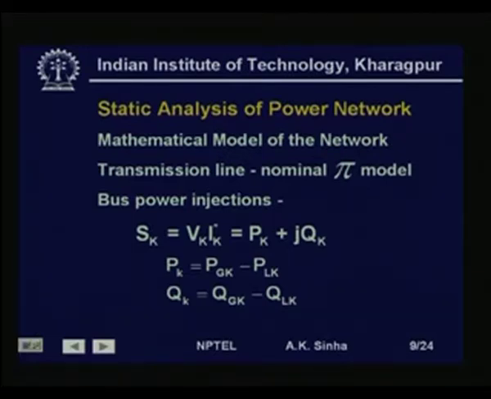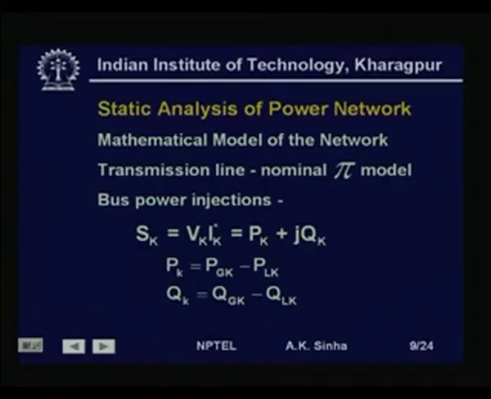Now, how do we do this power flow analysis, which is basically a static analysis of the power network? What do we do here? The first thing that we need to do is create a mathematical model for the network. For this purpose, as we had already seen when we developed the model for the transmission lines, all the transmission lines are represented by their nominal pi model.